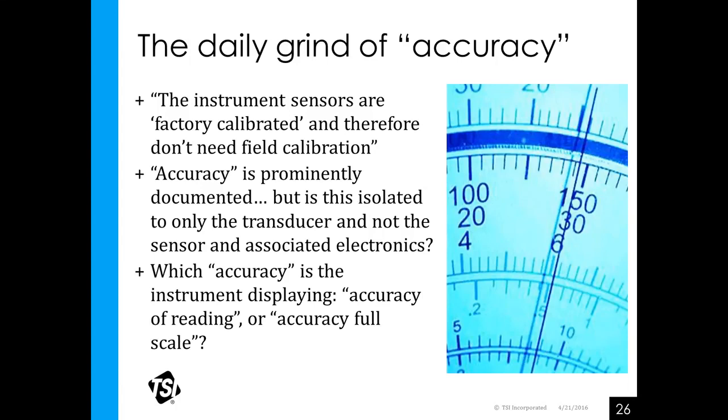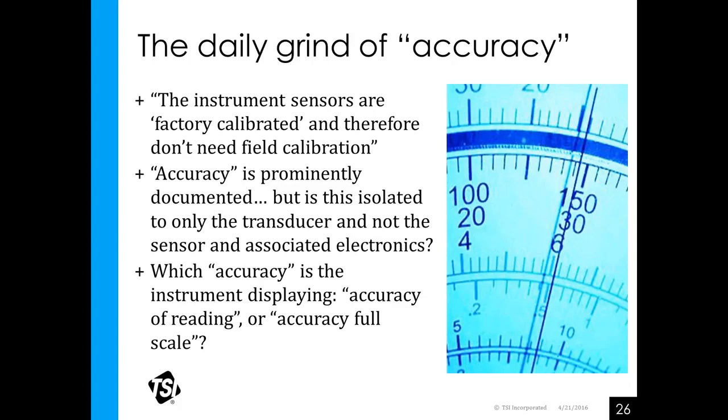When you see accuracy, is that the accuracy of the sensor? Is that the accuracy of the measurement unit? Or is that the accuracy of the system, the meter, sensor, and the transducer used to amplify the signal from the sensor? It does have a big effect, and it certainly is cumulative when you're adding up the different inaccuracies.